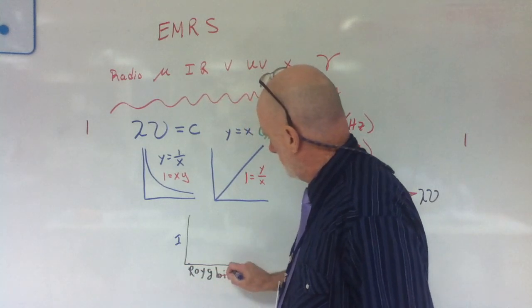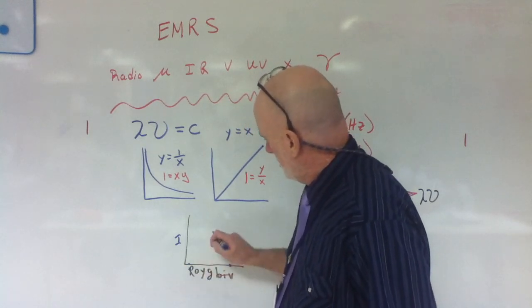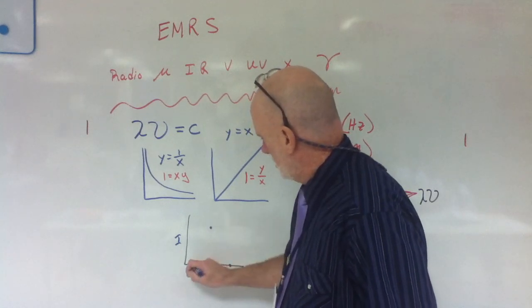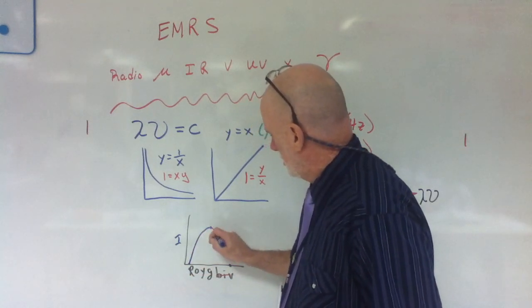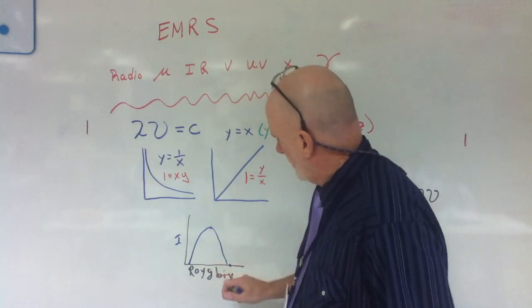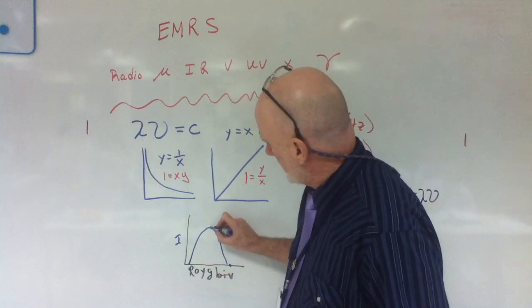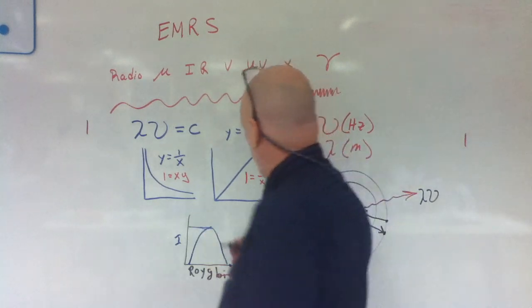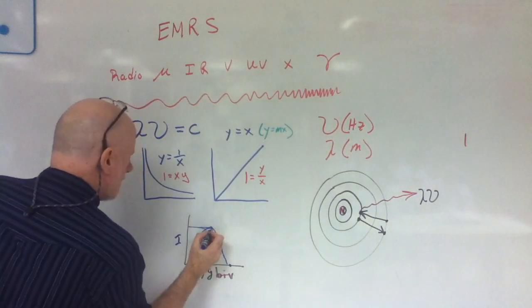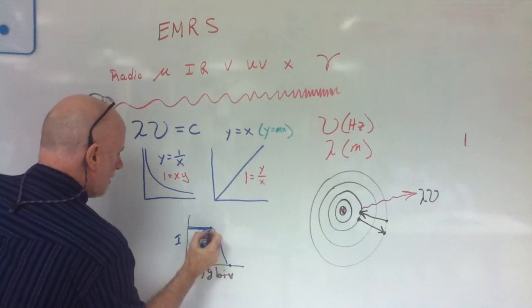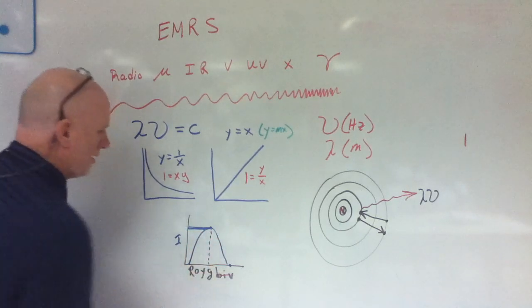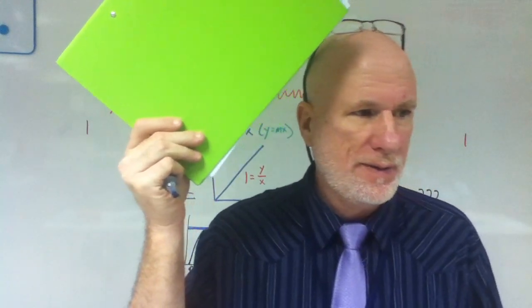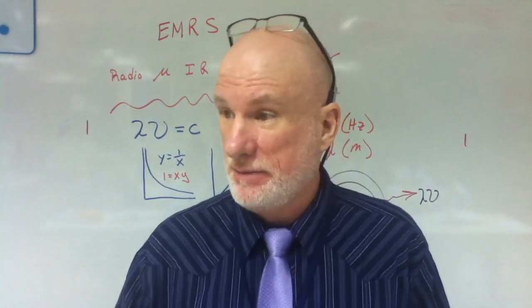It's a parabola, about like that. That color there is chartreuse. That's the most dominant color from the sun.